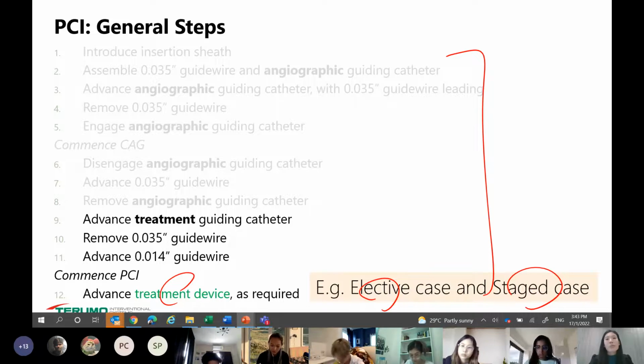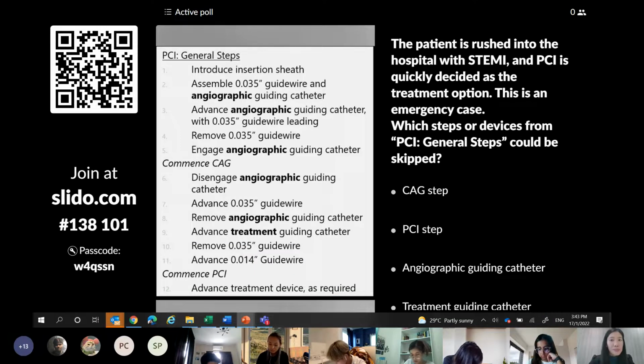So they decided to go with this procedure. Even if they come back one month later, they will still do CAG. They won't say, I will skip. They will always do this just to confirm that this site needs to be treated before they proceed. So these steps are typically for elective and staged cases.